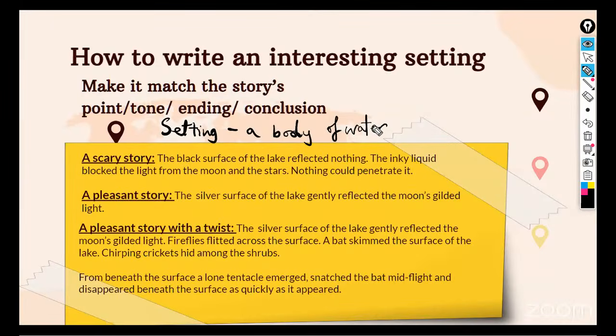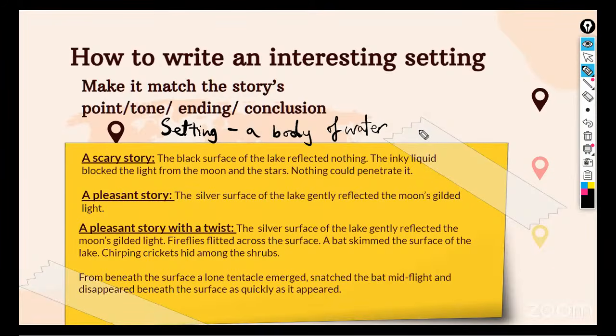If you're going to tell a scary story, it does not make sense to notice the butterflies and the birds and the children laughing and playing, unless something ominous is going to happen to the kids. But no, right? If it is a pleasant story, it doesn't make sense to talk about how deep and dark the lake is, right?